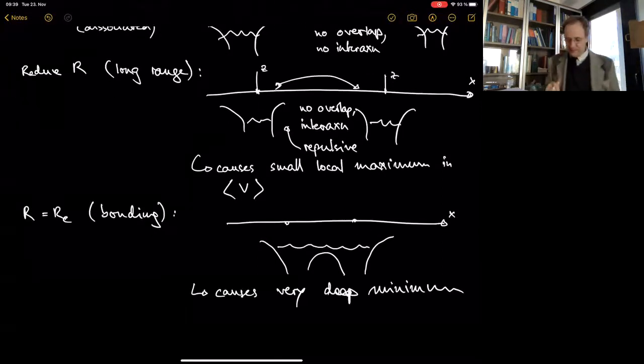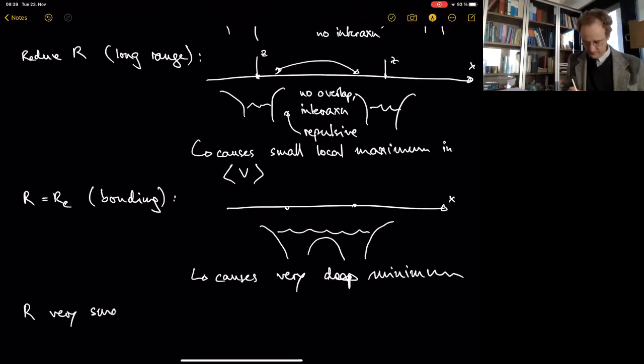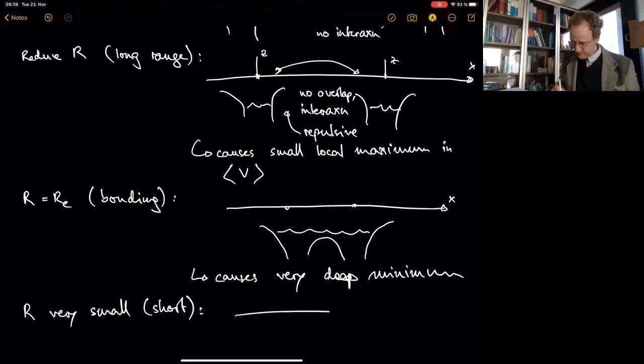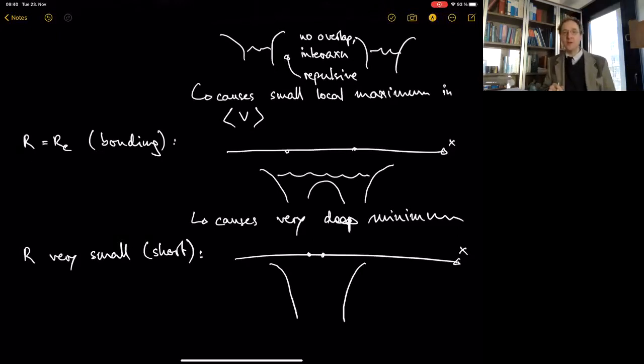And then finally, as you push things further, right, into the short range, you see what happens to your potential. Now, all the electrons have to live in something which looks like one big potential, right? So the intermediate part is down here.